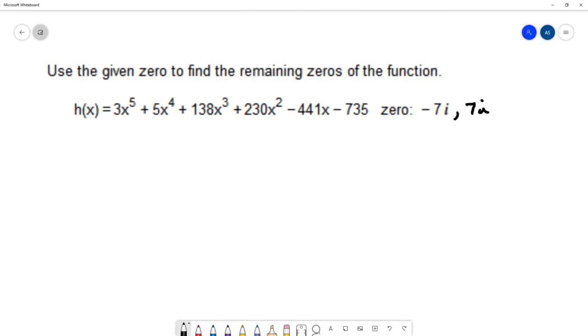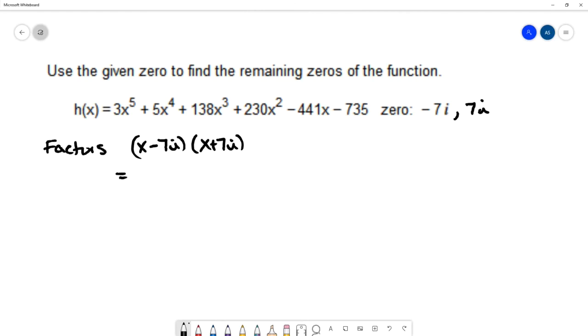Because we have zeros of negative 7i and positive 7i, I know that this polynomial will have factors of x minus 7i and x plus 7i. So I'm going to multiply these together and try to reduce the polynomial that we have.